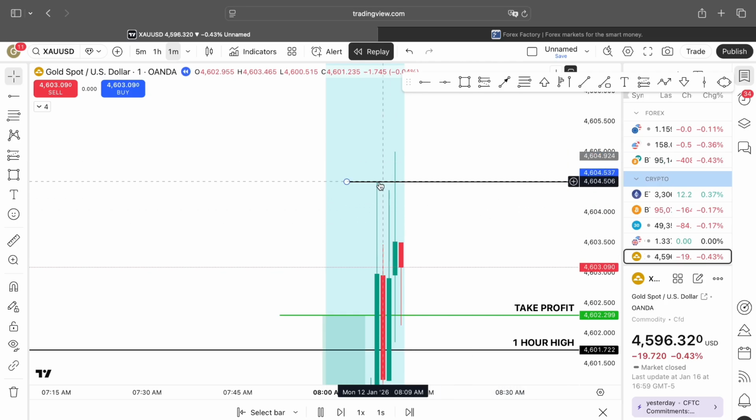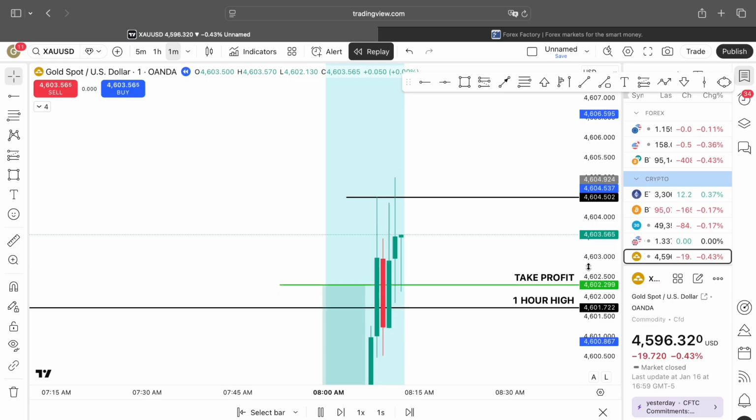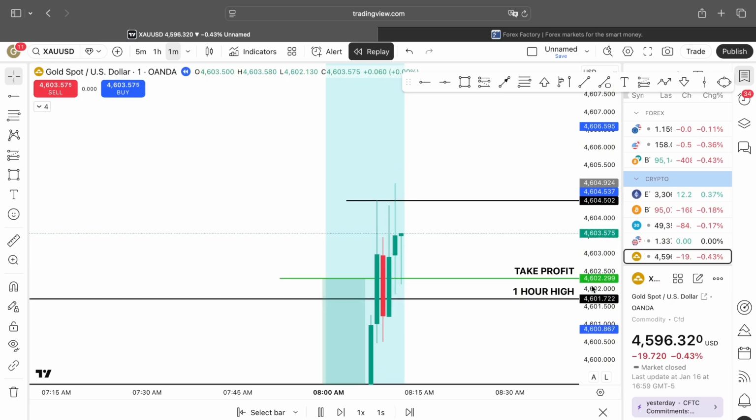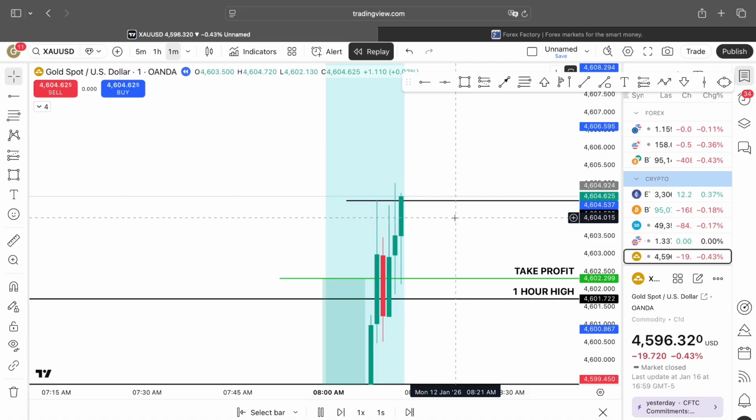It has to break above this line in order to make new highs. So we could wait for something like that. Or a breakthrough and retest would be the best possible scenario, right? Let's see what happens. Oh, there goes our breakthrough.